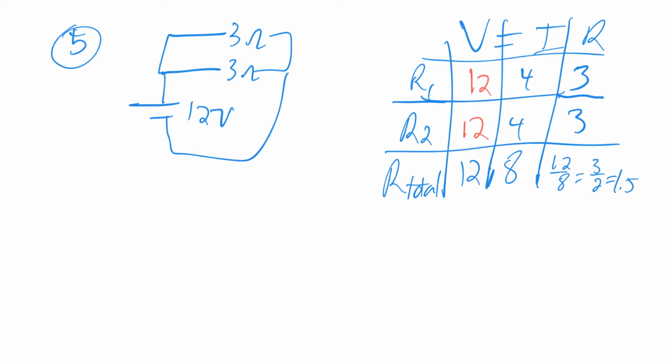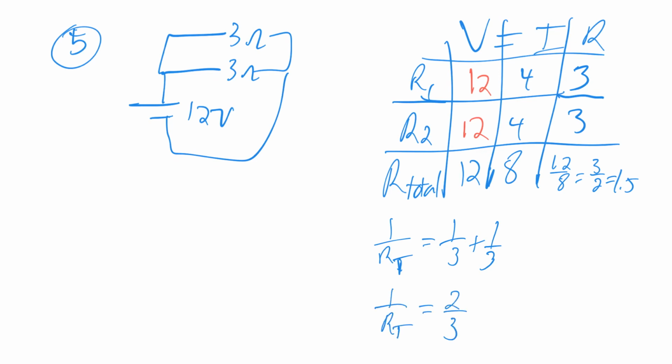Now, the other way I could do it is we know that in parallel, these resistors add as that inverse equation. Now, I want to practice this to see if I get the same answer here. So, if I do that, I would go 1 over RT equals 1 over 3 plus 1 over 3. Well, that means 1 over RT is equal to 2/3.